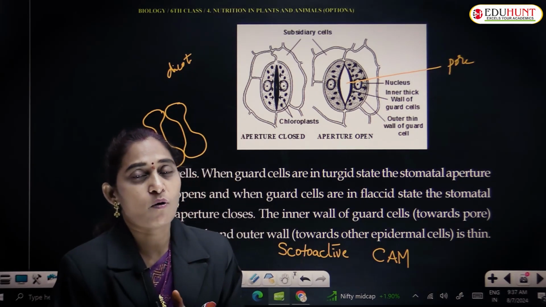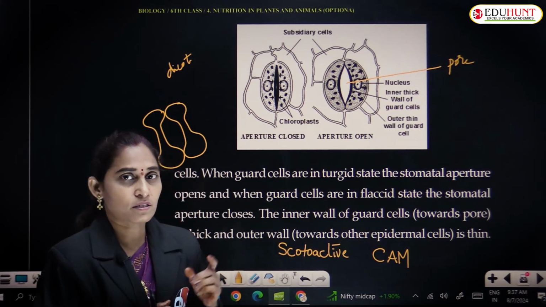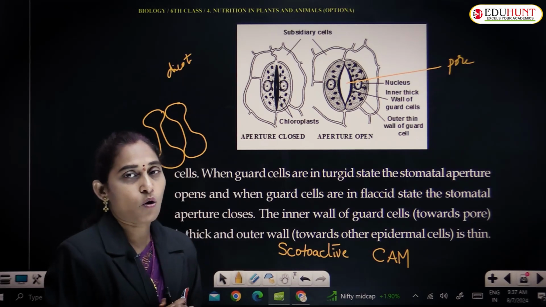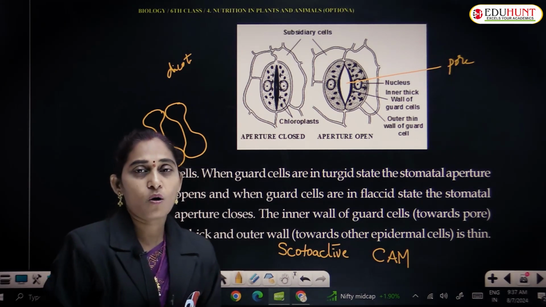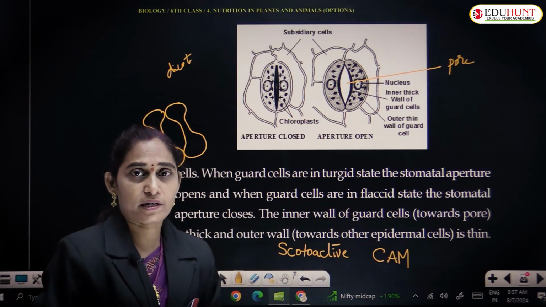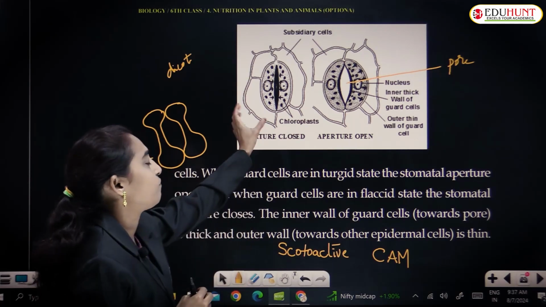During night time, everything is shut down, switched off. The photosynthetic process comes to zero. There is no synthesis of starch or glucose, and there is no water entry. That is why the guard cells become flaccid.